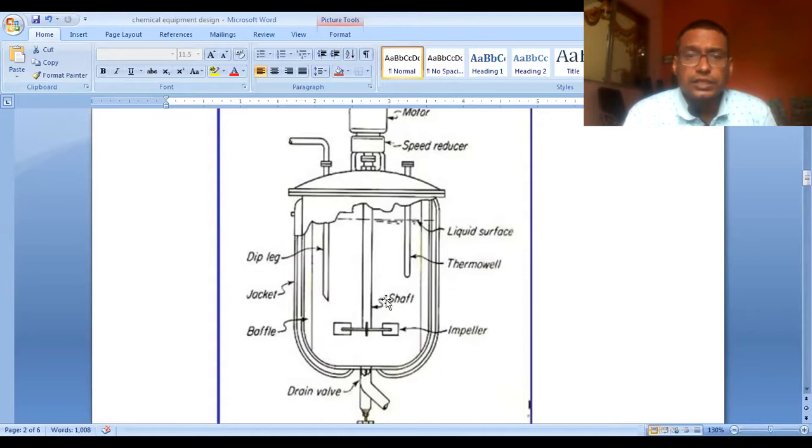This is the shaft. Certain dip leg for pressure measurement is to be provided. Then the baffles to prevent the vortex will be there. And at the bottom, the drain valve, certain input and output arrangements are to be provided. So this makes the complete reactor, and this is to be remembered.